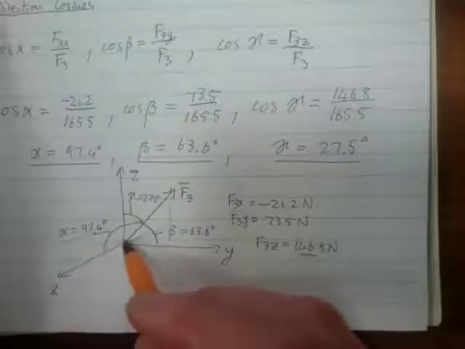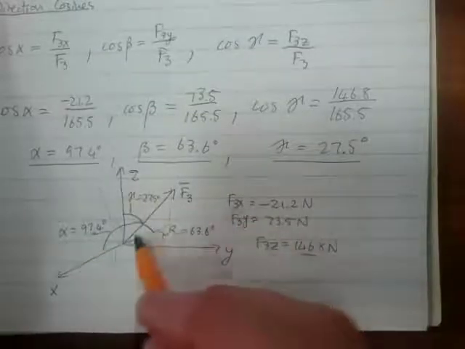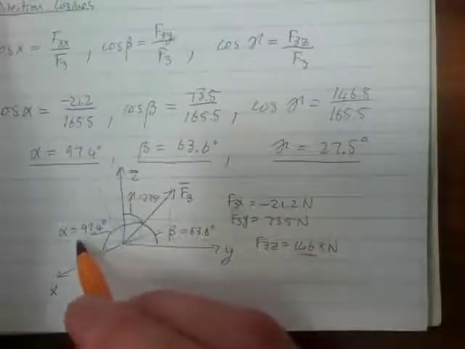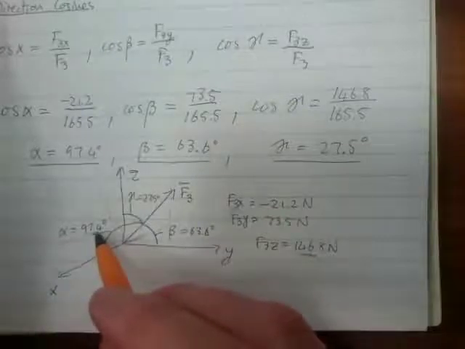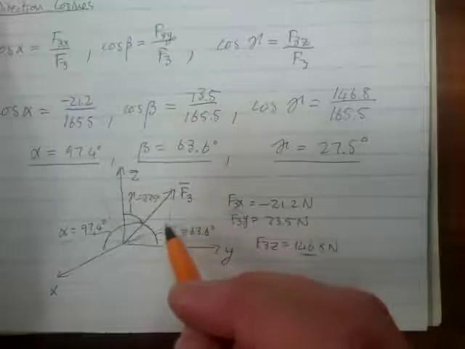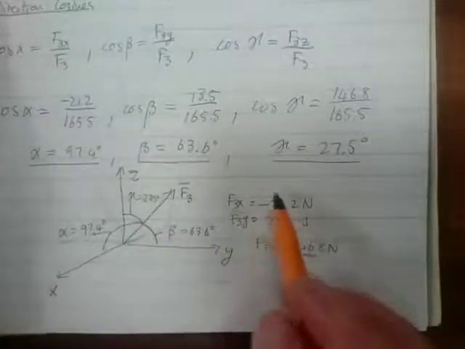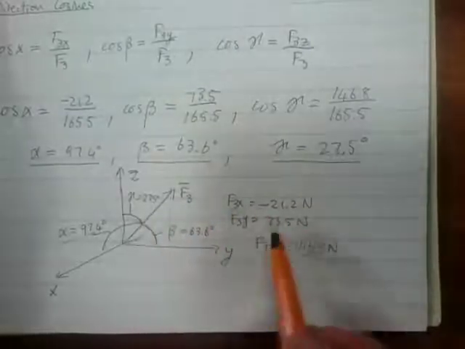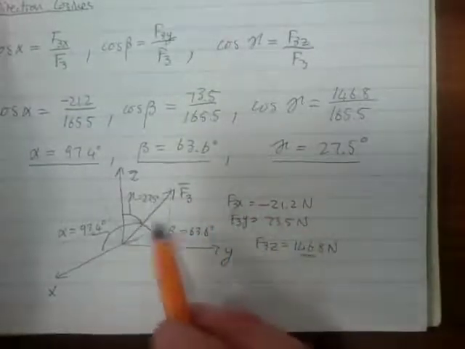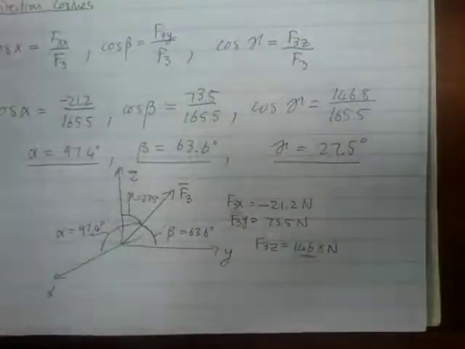If alpha was smaller than 90 degrees, then this F3x should be positive. But because alpha is larger than 90, it is landing on that side, so we have a negative x component. Please try to look at this critically and see if your angles and your values correspond. I hope this helps. Thanks a lot.